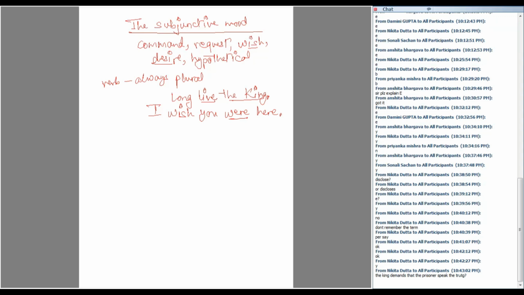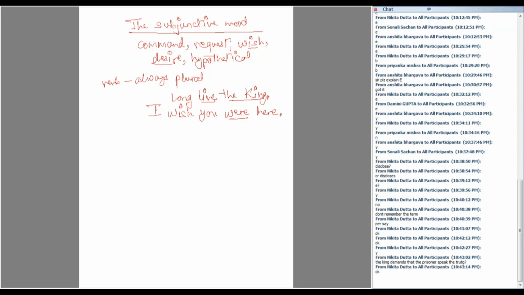Hypothetical situation. The king demands that the prisoner speak the truth. Absolutely. Command, demand, order. If I were the prime minister of India.